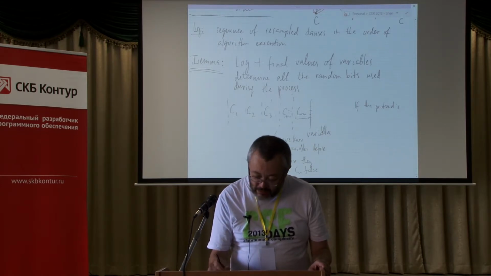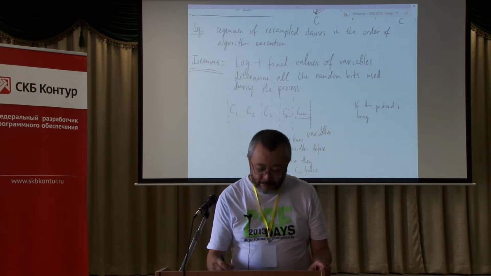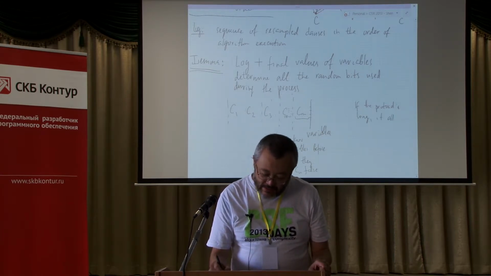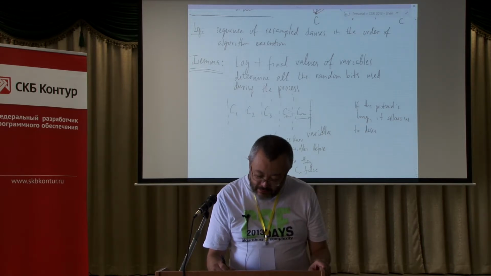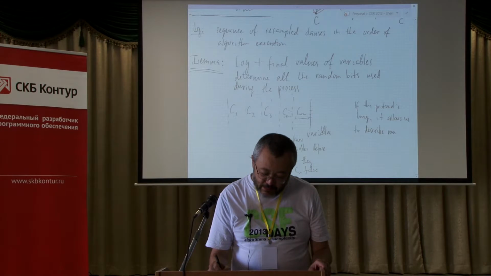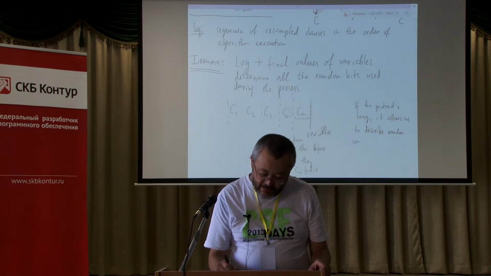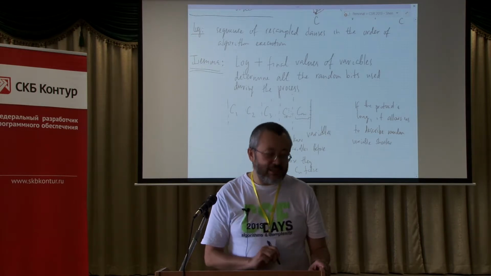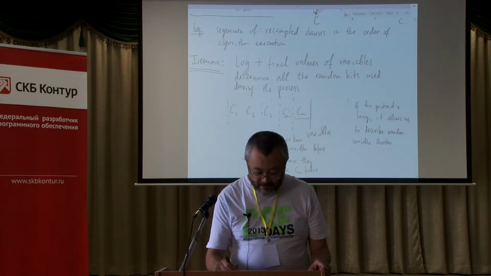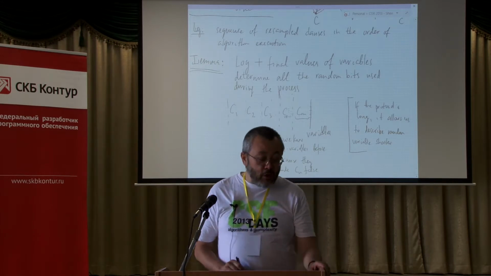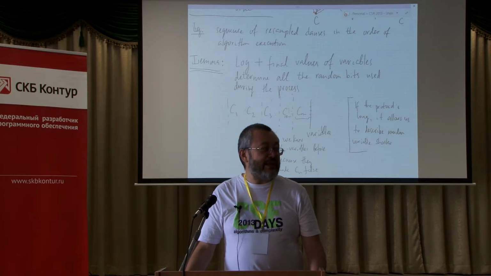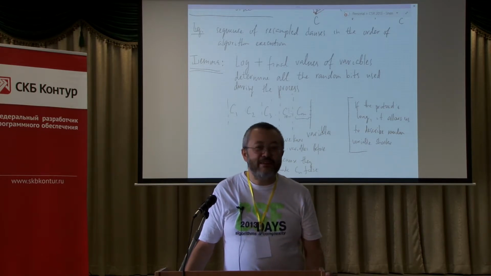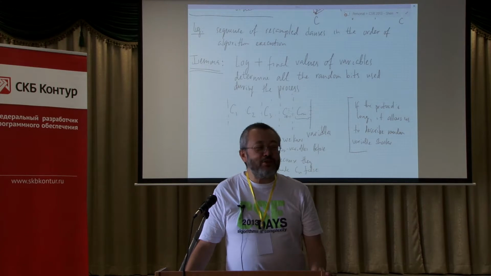If the protocol is long, it allows us to describe random variables shorter than is possible. So the log becomes simpler than just the list of random variables. This is the contradiction. So this is the plan.